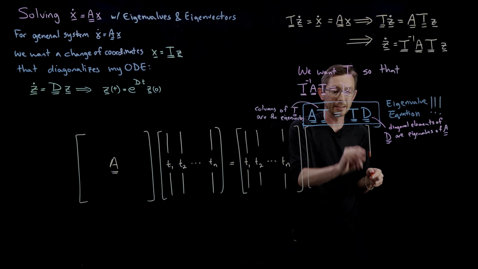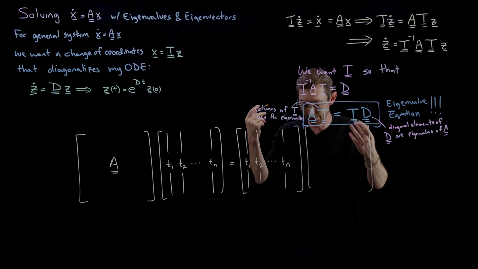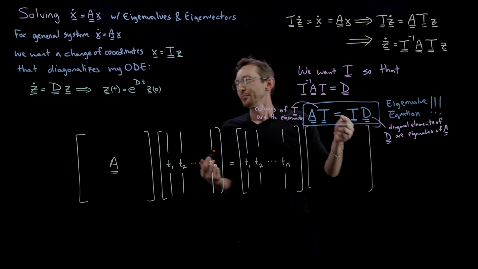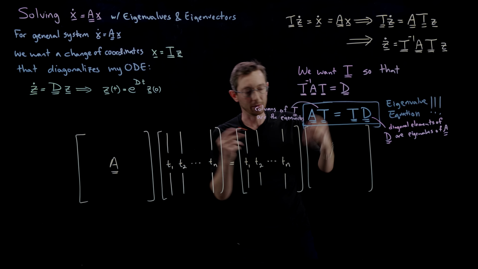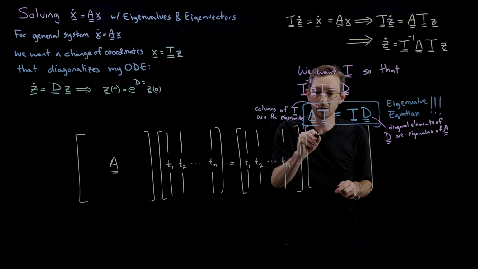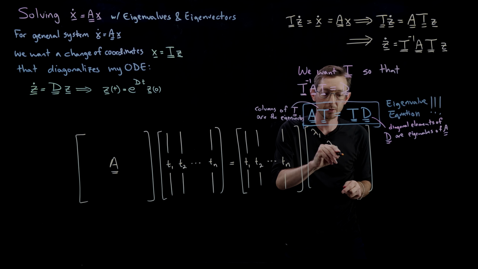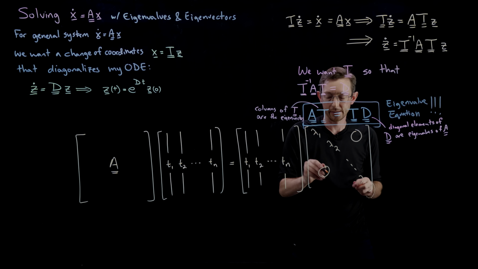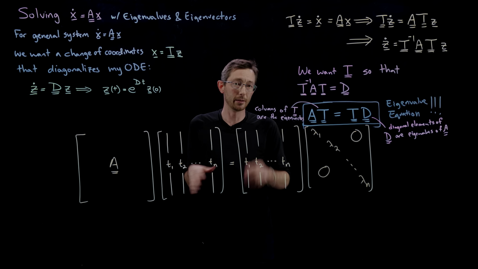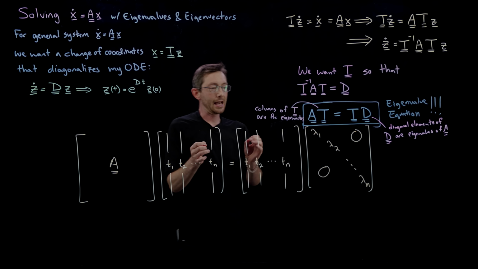And my diagonal matrix just had these lambdas, these eigenvalues. Sometimes in my notes I call them D1, D2, D3. Here I'm just going to call them lambda 1, lambda 2, dot, dot, dot, lambda n, zeros everywhere else.